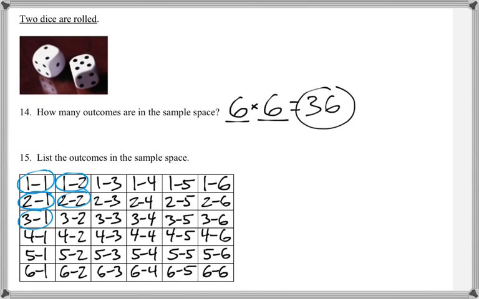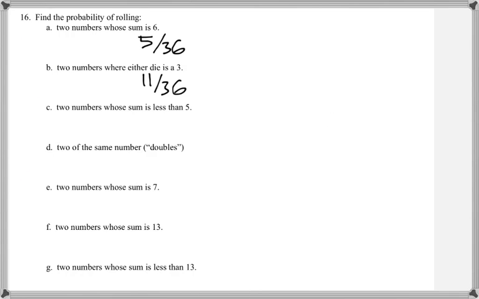The third diagonal, all of the pairs of numbers there add up to be 4. 4 and 1 add up to be 5, and it has to be less than 5. So it's just these 6 out of the 36 possible outcomes. And that reduces to 1 over 6.